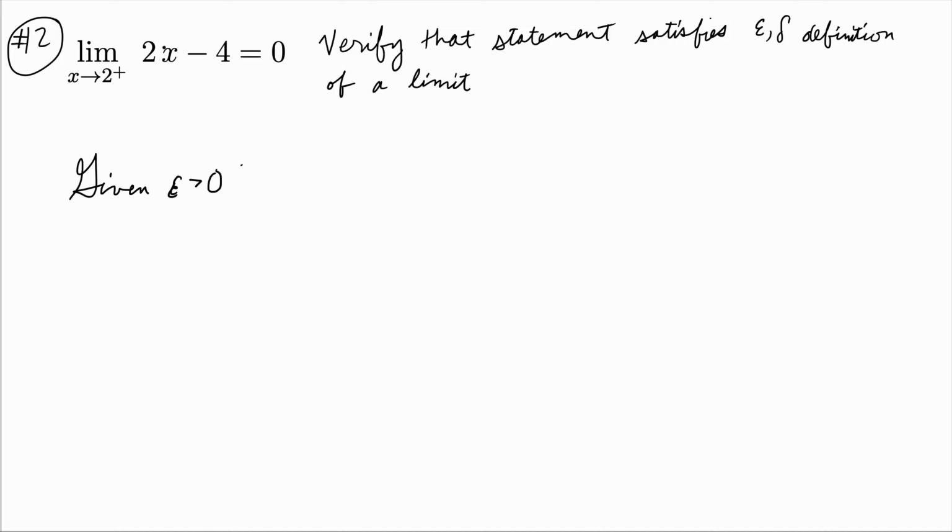Okay, this time we have a line with a slope of 2, and we're heading toward the point x is 2, just from the right side though. And the y value at this point that we're heading to is 0.